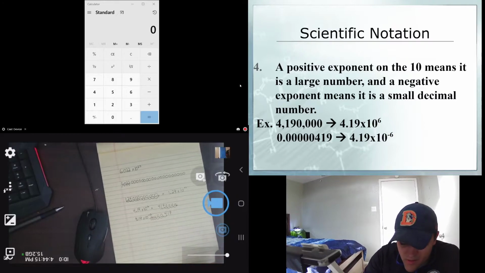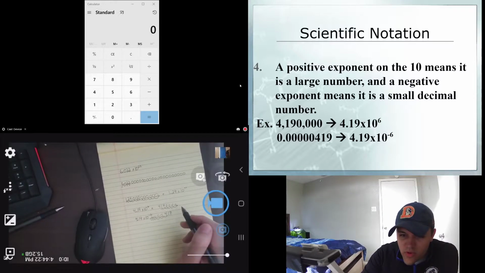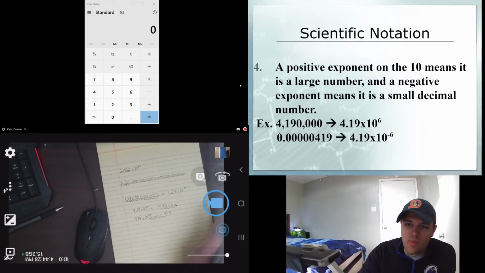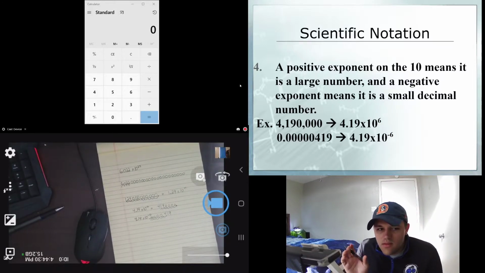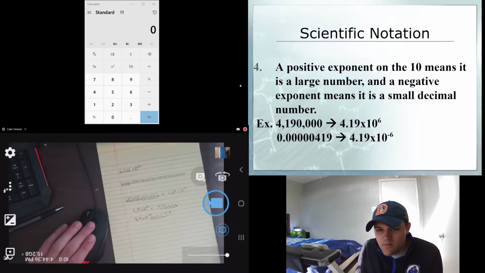Sorry, I kind of ran out of room there, but you guys get the idea. So now, instead of being 4 million, it is 0.00000419. So the exponent being positive or negative determines which direction you move when you are counting your decimal places out.